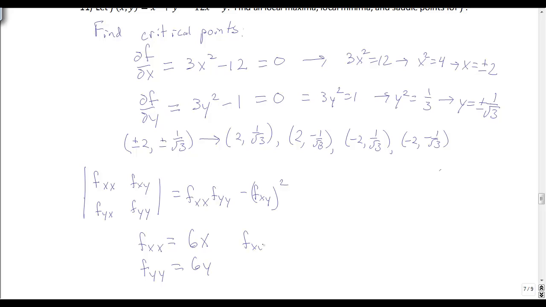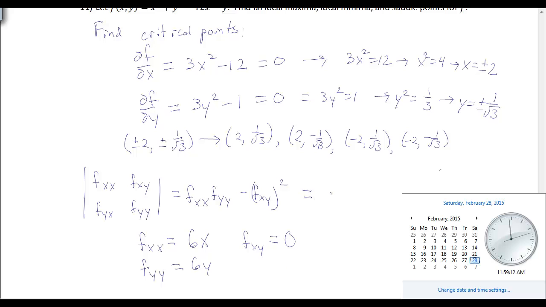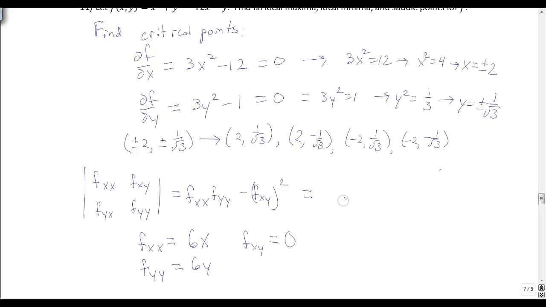And then the mixed partial: I can take a partial with respect to x and then a derivative with respect to y, that gives me 0, or take the partial with respect to y, 3y squared minus 1, then a partial with respect to x, that gives me 0 as well. You can do either order, they're the same. So in our case we get 6x times 6y minus 0 squared. This gives me 36xy.